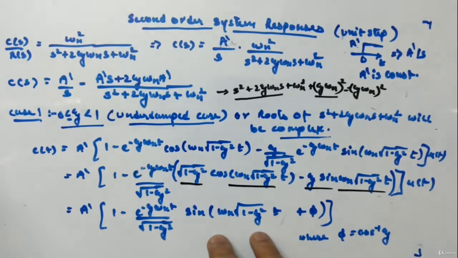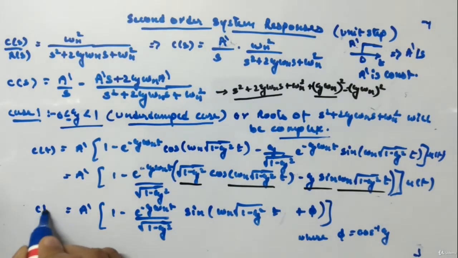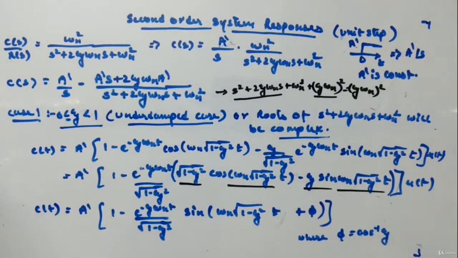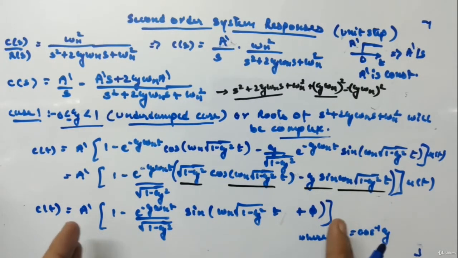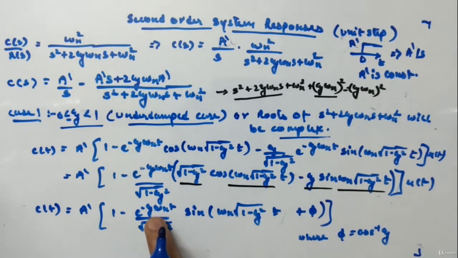Okay, so most of the time this is asked directly. This is your C(t). Sometimes the equation might be written in some numerical form, and it will give you the feel of this equation, and you can calculate the values of zeta and omega n from there.